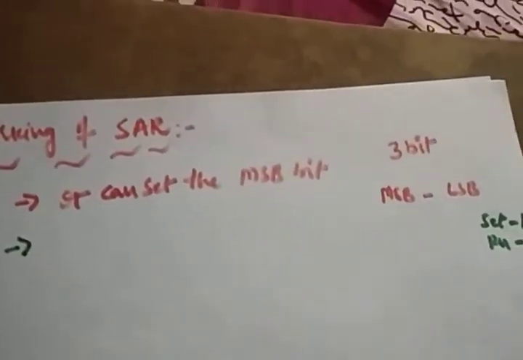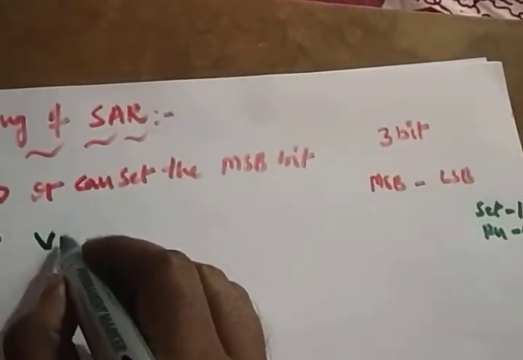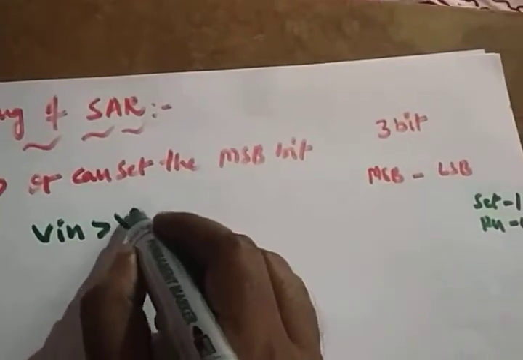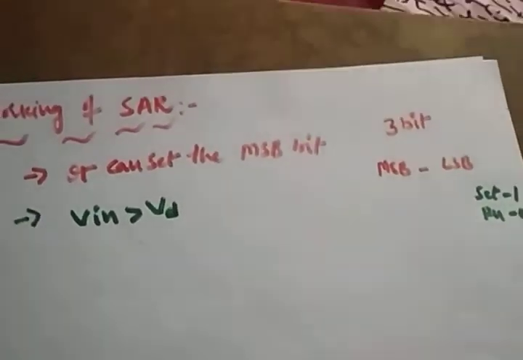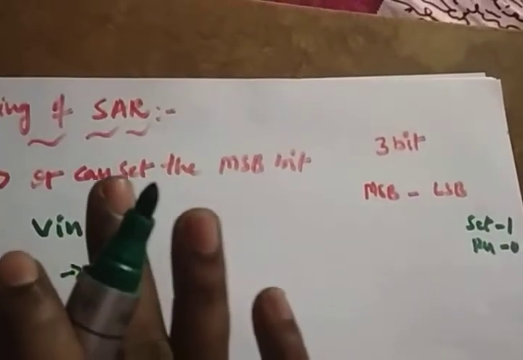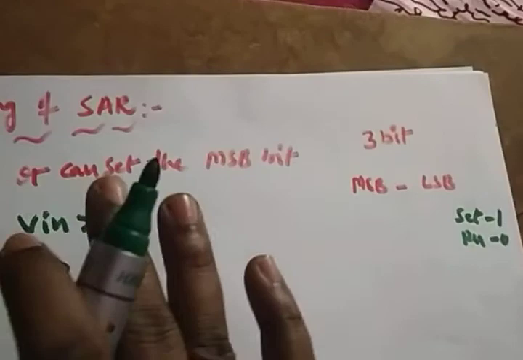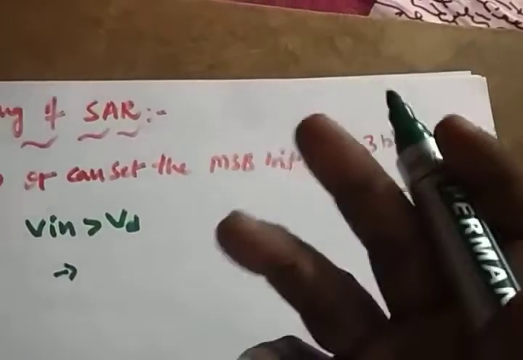Second, there is a comparator. If Vin is greater than VD, it can set the second bit.